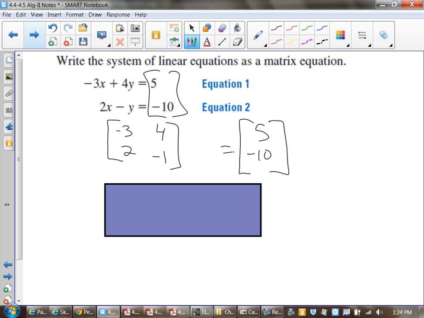Now think about the same idea, where we had a 2 by 2 times something to equal a 2 by 1. What does the something have to be? Is it 1 by 2 or 2 by 1? It's got to be 2 by 1. The middle numbers have to be the same, and the exterior ones give me my solution.